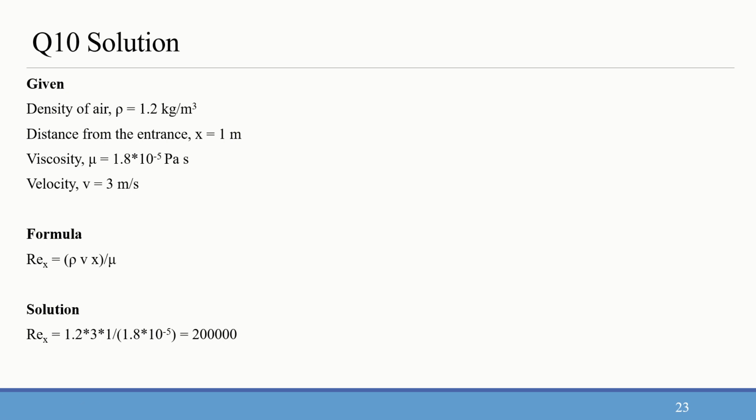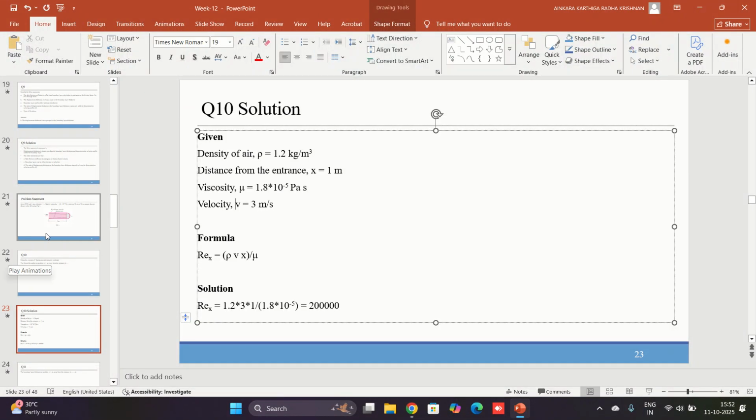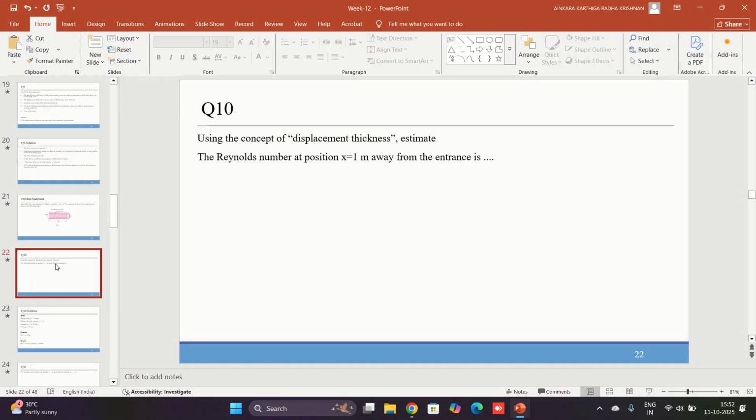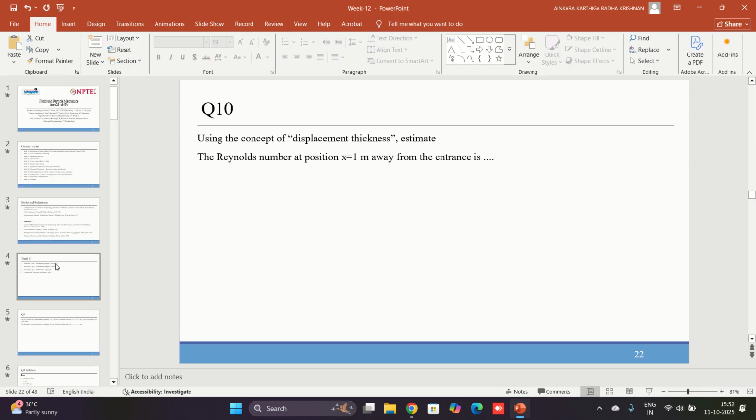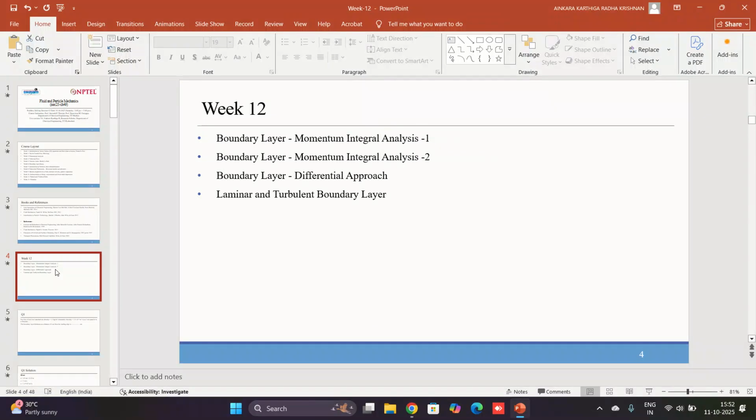So it is 1.2 into 3 divided by 1.8 into 10 power minus 5. So it is 2 lakhs, the Reynolds number is 2 lakhs. In the question we are asked to find the Reynolds number, so we calculated the Reynolds number as 2 lakhs.